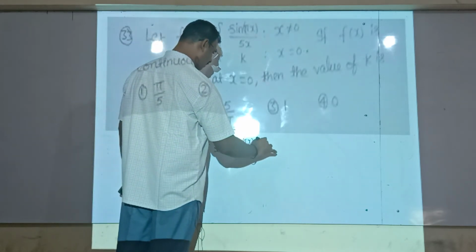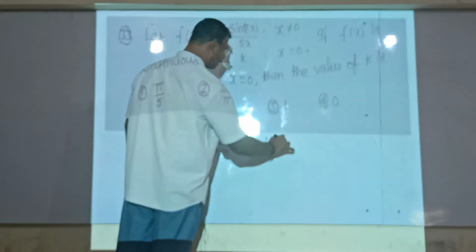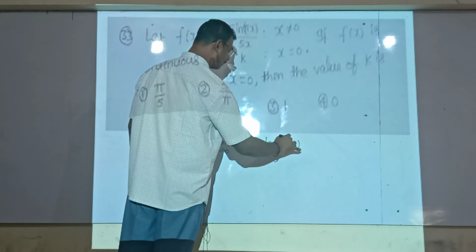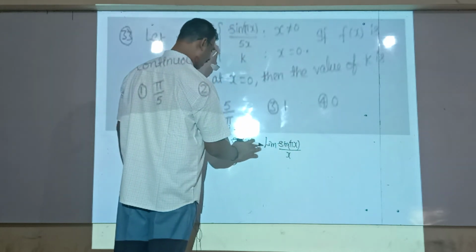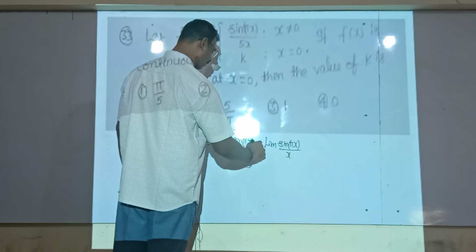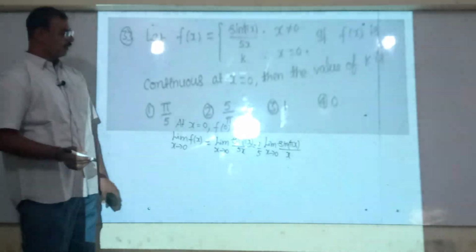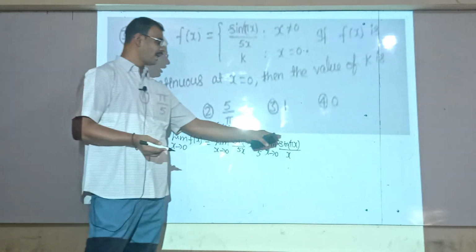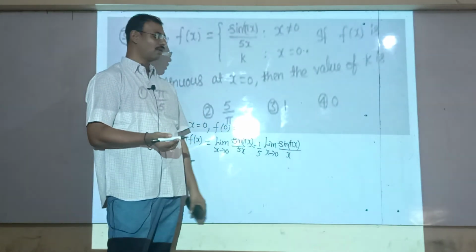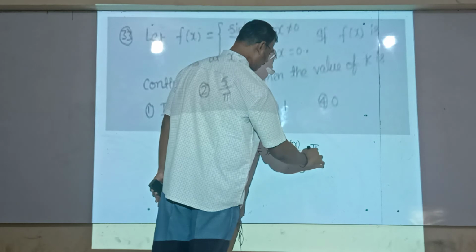This is equal to limit of sin of pi x divided by x, with 1 by 5 taken outside, as x approaches 0. We know the property, limit of sin nx by x is equal to n. So this is equal to pi divided by 5.